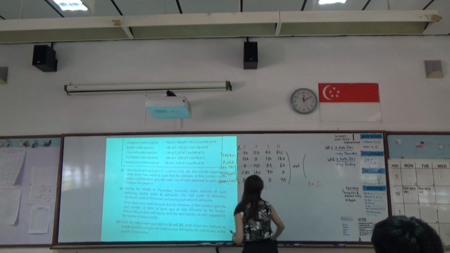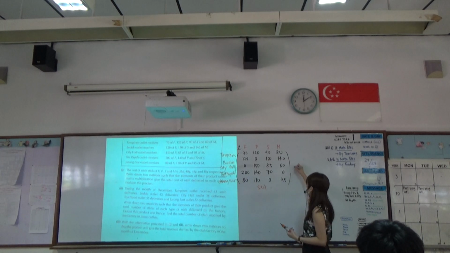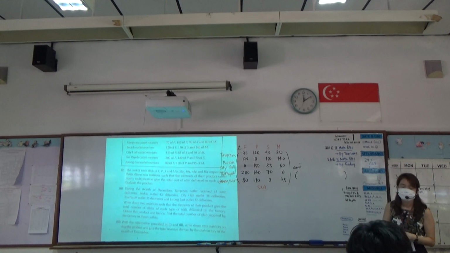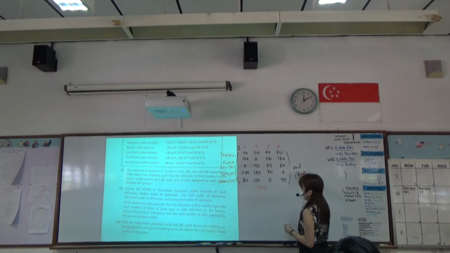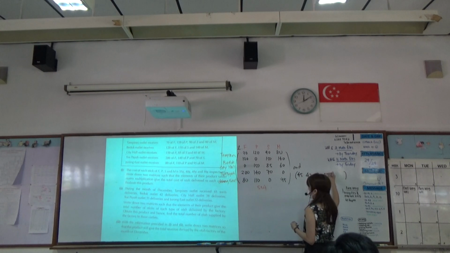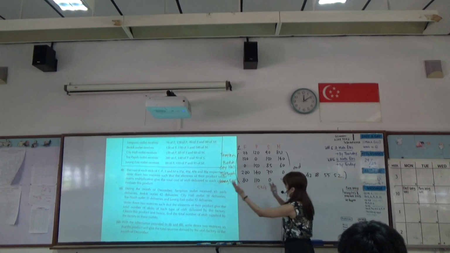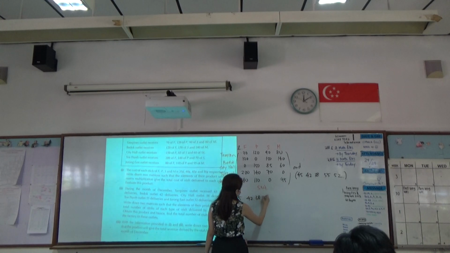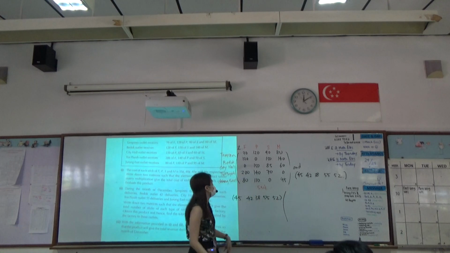So what we could do in fact is that my second matrix should be a row matrix, whereby I have my 45 for Tampines, 42, 38, 55, and 52. This is the one on the left side, and this 5 by 4 matrix on the right side.